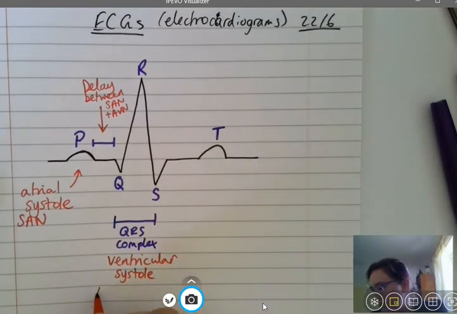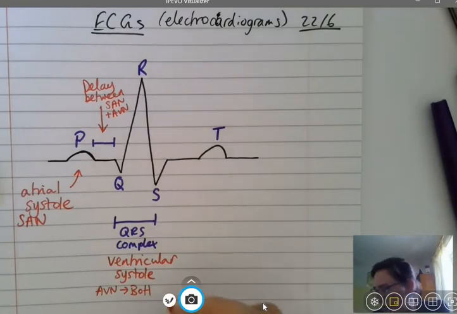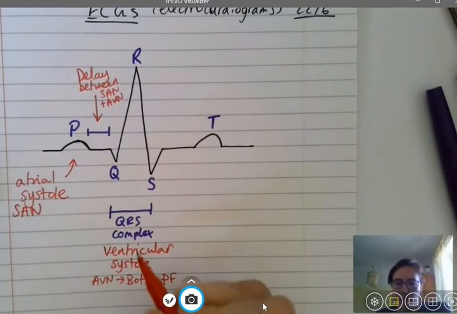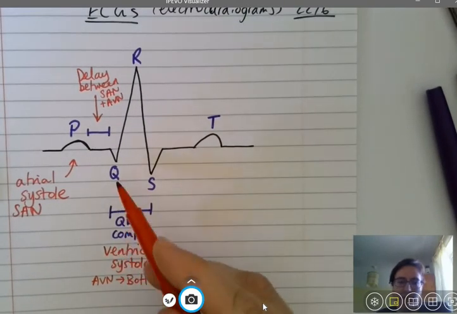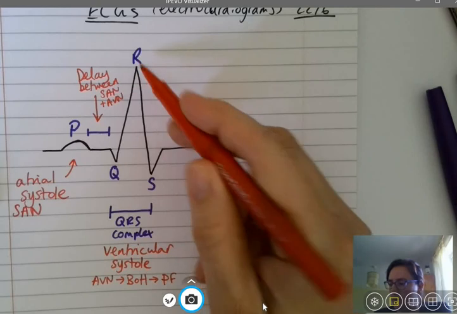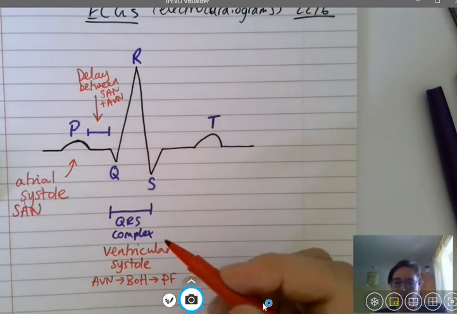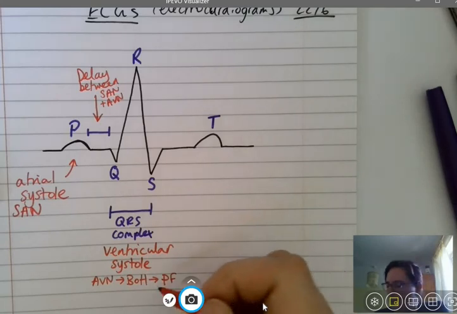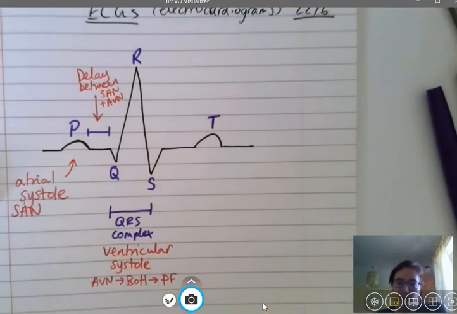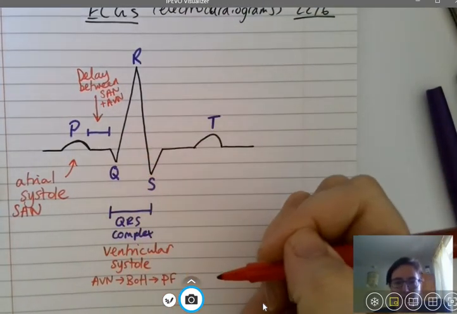So we've gone from our atrioventricular node to the bundle of His, I'm just going to call it BOH, and then to our Purkinje fibres. And so this is the signal picked up by our ECG leads when we've got that electrical signal passing through those Purkinje fibres in the ventricles.